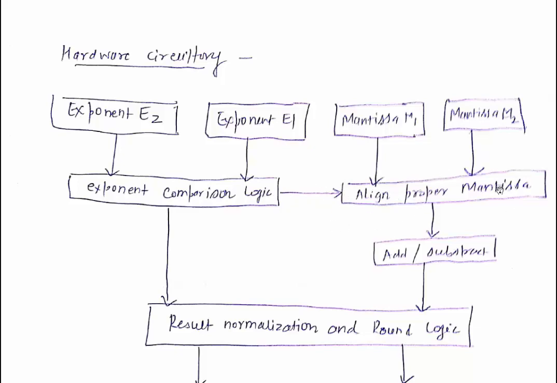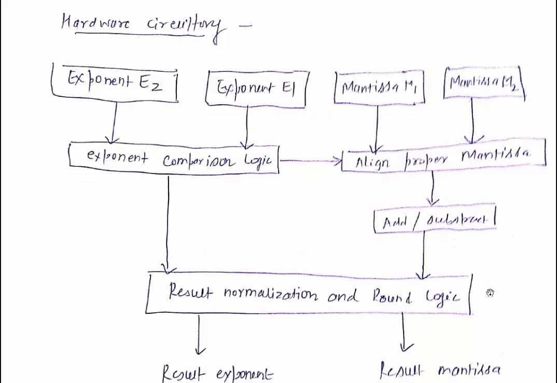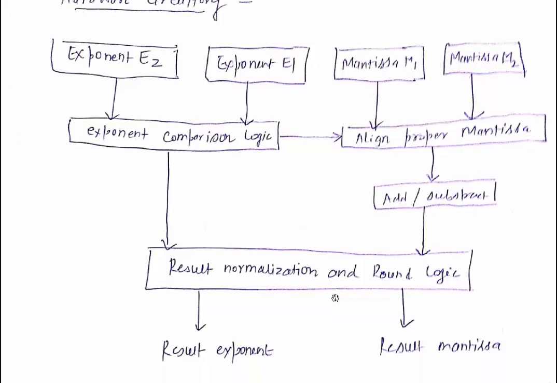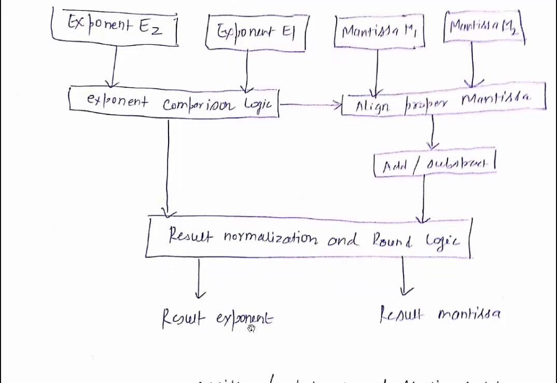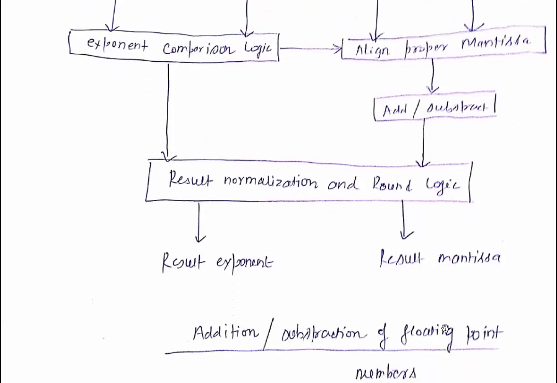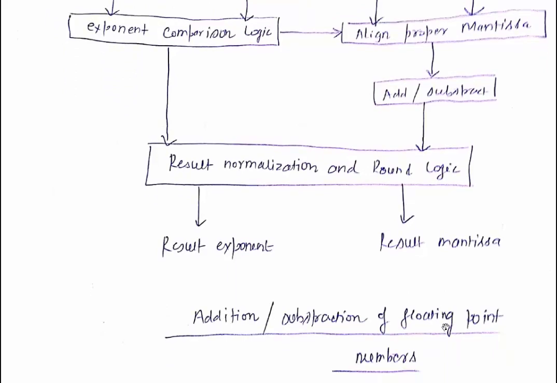After that you add or subtract the mantissas. Here you are getting the result, which includes exponent and mantissa. Then you perform normalization and rounding off operation. This results in the result exponent and the result mantissa after rounding off. In the previous example we performed rounding off up to 4 bits after the radix point.